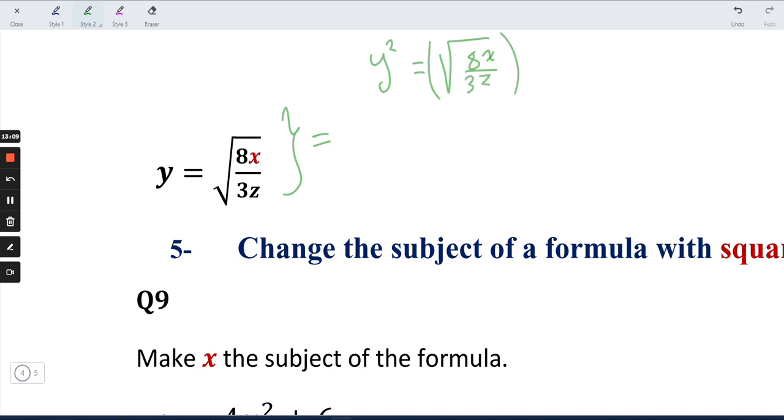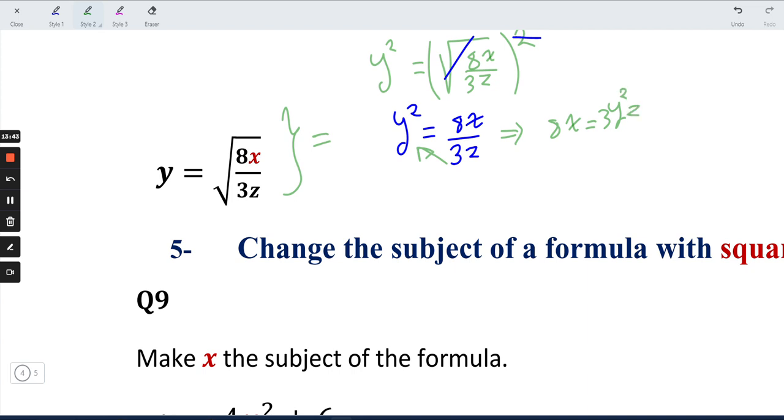We take the power 2. The power 2 with the square root, they will cancel each other. So now y square equal 8x over 3z. Now one step, by multiplying 3z by y square, we'll get here 8x equal 3y square z.